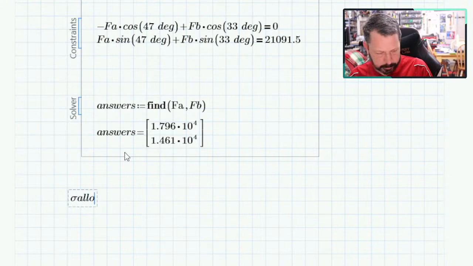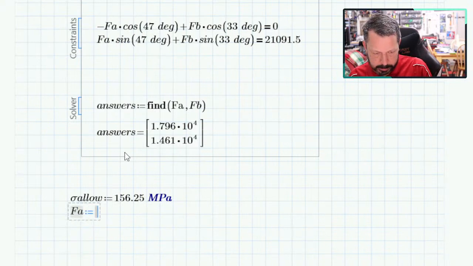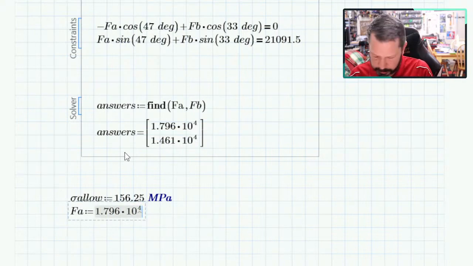We'll just call it allow is equal to 156.25 megapascals. All right. We have FA at 1.796 times 10 to the 4th, and those units would be newtons.